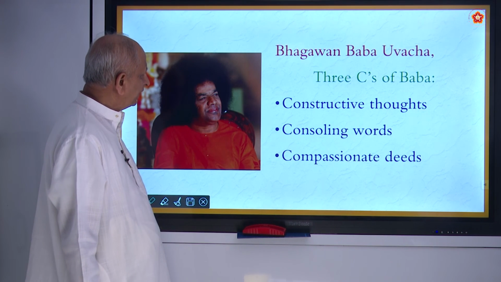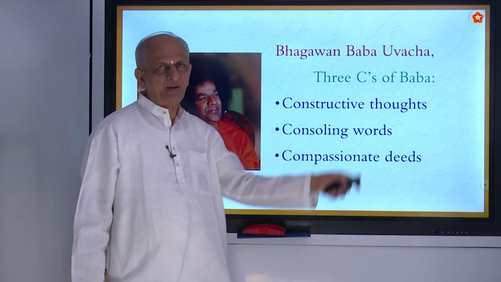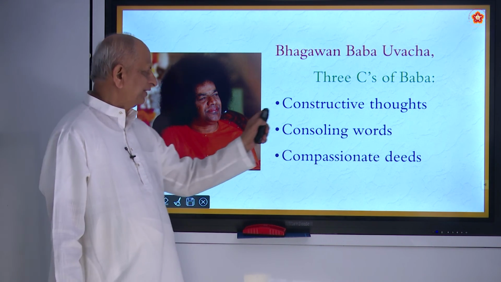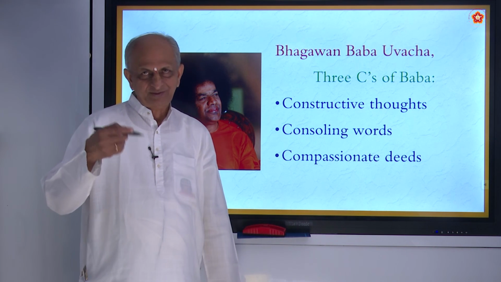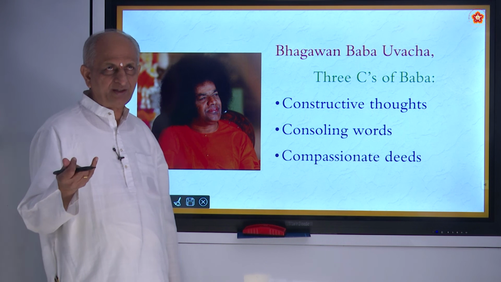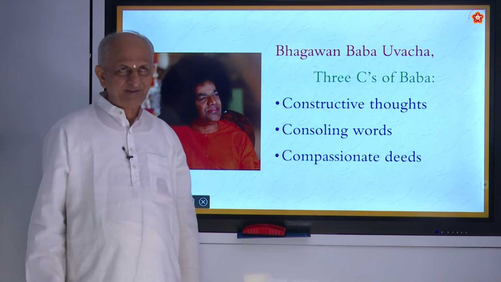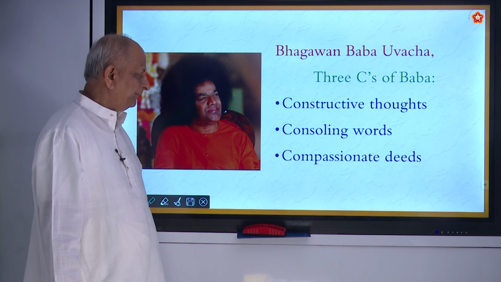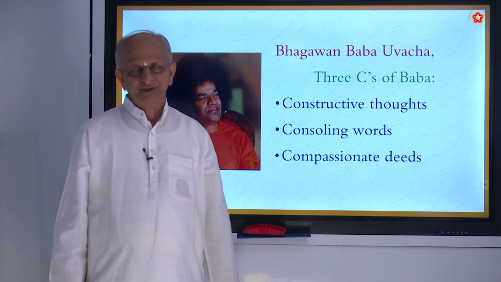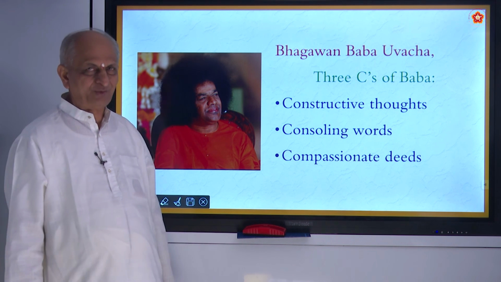Okay. Now we will pass on to what Baba says. 3 C's of Baba. A, B, C. Constructive thoughts. He always thinks of constructive things like free drinking water, free education, free medical facilities for the poor and downtrodden. Consoling words. He consoled millions of people, not one or two.